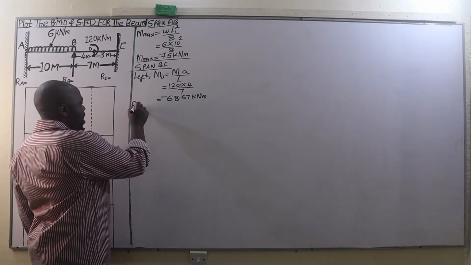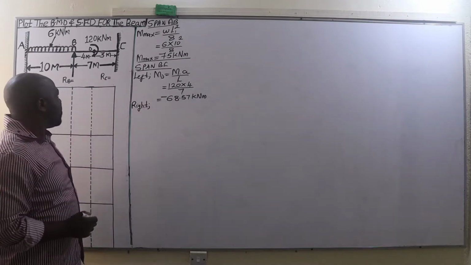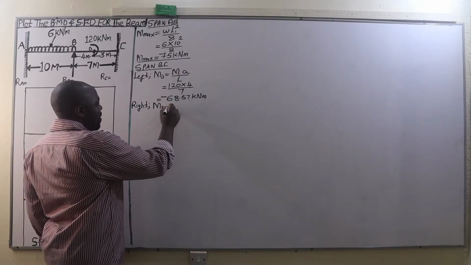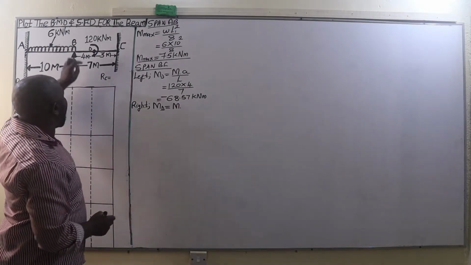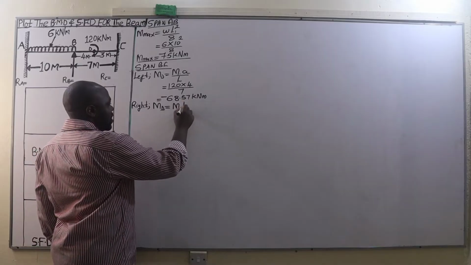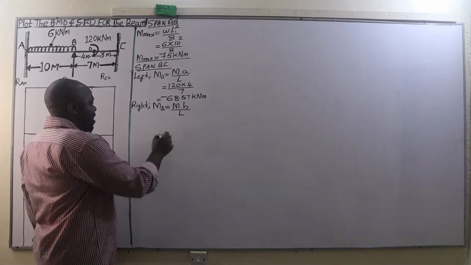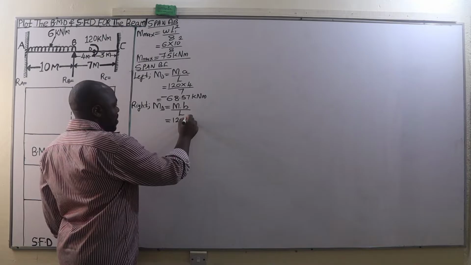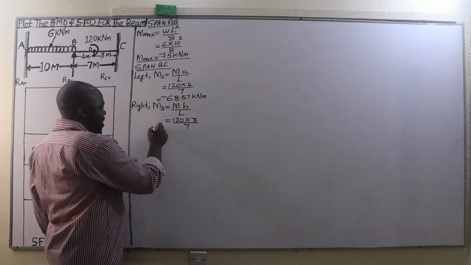Then we determine the bending moment on the right hand side of the point D. MD will be given by the clockwise moment at D multiplied by the distance from D to C, which in this case is b, and then we divide by the whole span, which is L. That is the clockwise moment, 120 kilonewton meter, times b, 3 meters, over the whole span, 7 meters.